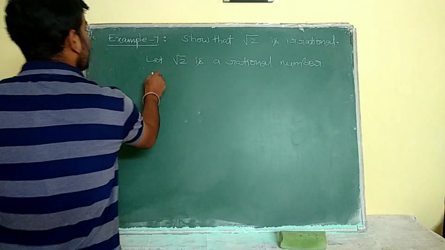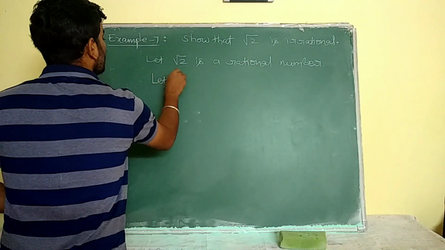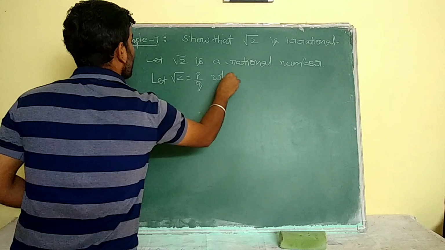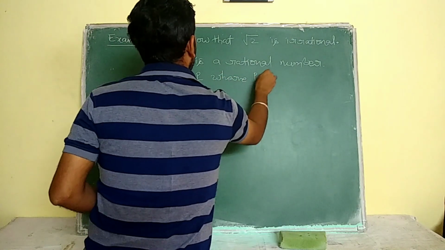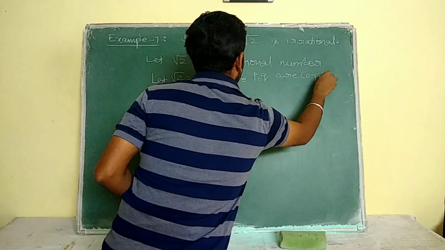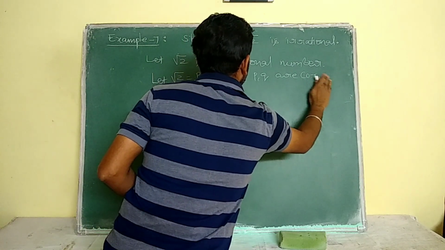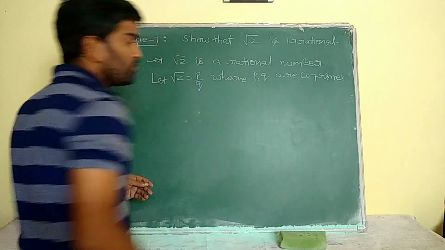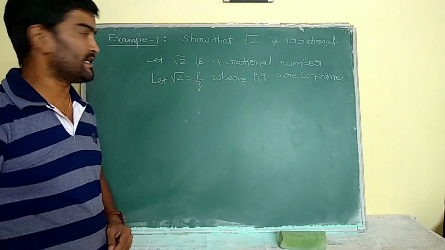So let root 2 be equal to p by q, where p comma q are co-primes. We know that co-primes are relatively primes, both are the same.